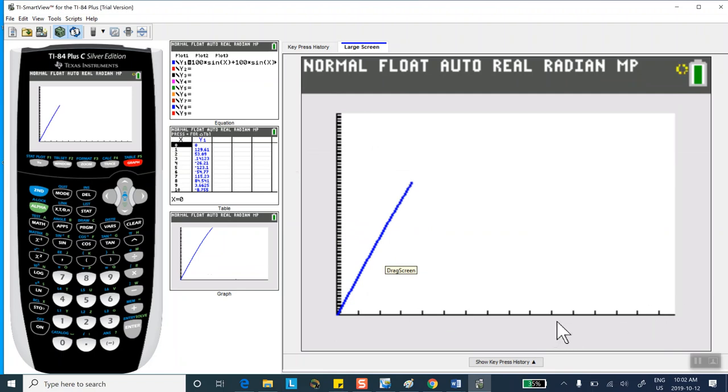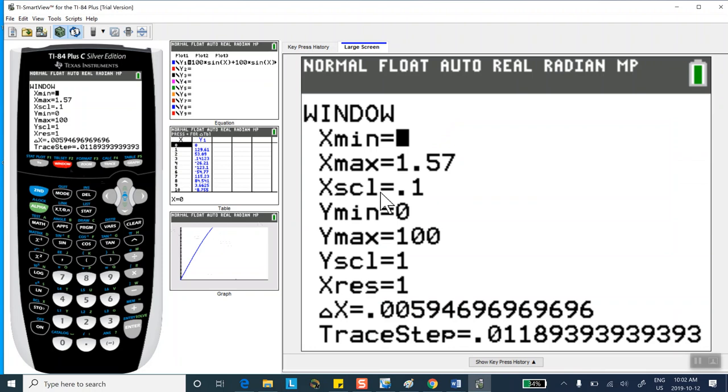You can see that the scale here is 0.1, but this height I should choose to be bigger. So for window, I'll make this 200. Graph.